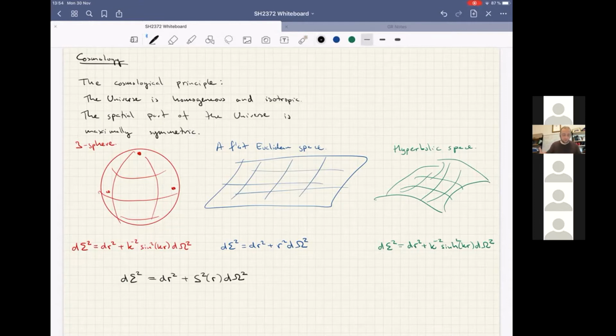What we want now from the cosmological principle is that one of these 3 spaces is going to describe our spatial parts.